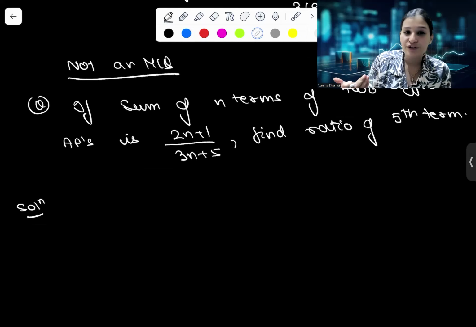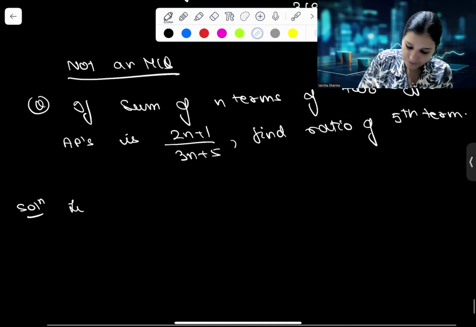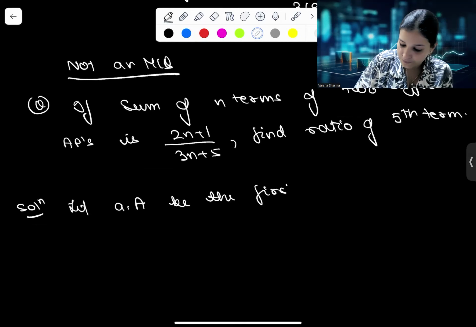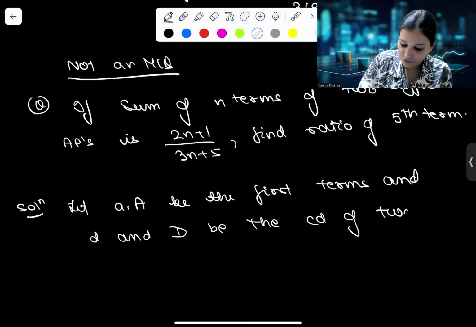Since there are two different APs, we need to have different notations for their first term and common difference. So let small a and capital A be the first terms and small d and capital D be the common differences of the two APs.